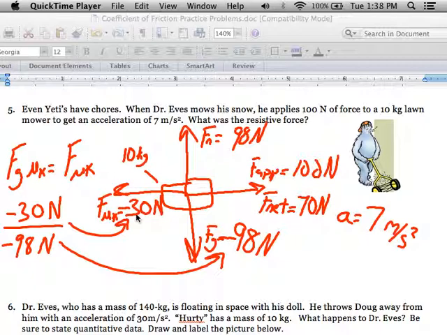So in this case, if I take 30 divided by 98, I get a coefficient of friction of 0.306. So it's saying about 30.6% of the object's weight is going to be used against it when you push. Okay? And that is how you solve a problem like this.